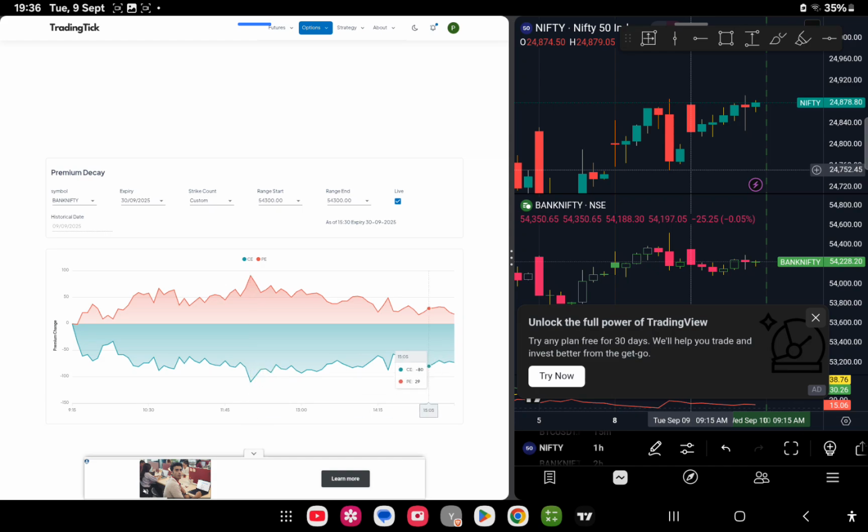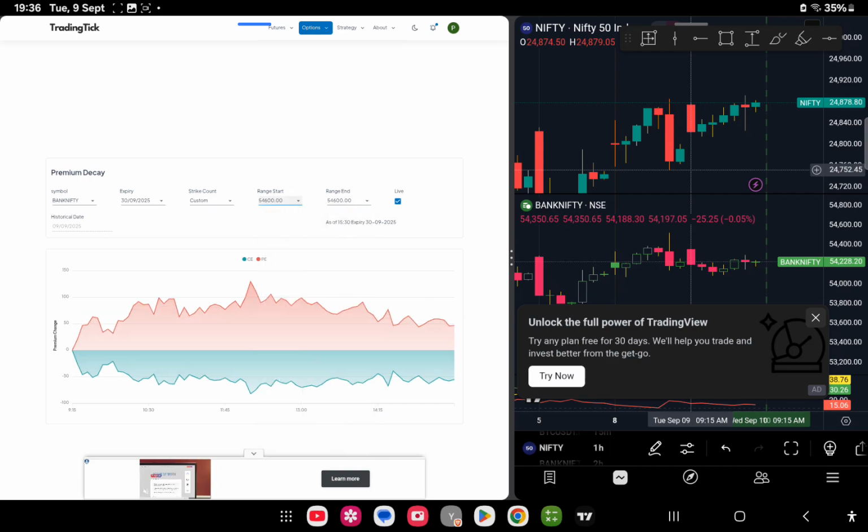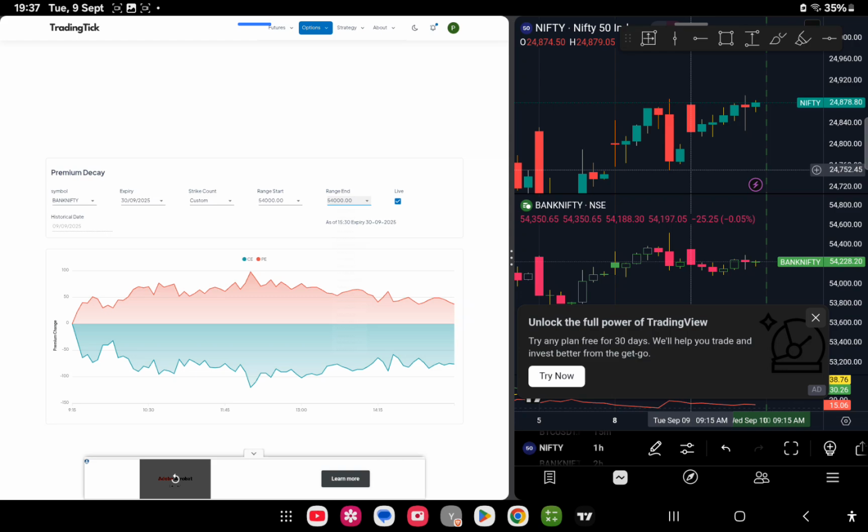At the end, sellers were the winners. Now let's take the value 300 step count away, and here also the condition is the same, but the buyers were winning with a very small margin. Now we'll take 54k, which is a very good support, and here also the sellers were winning with very little margin.